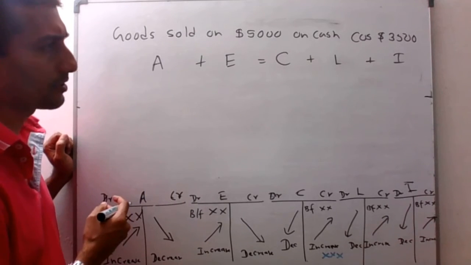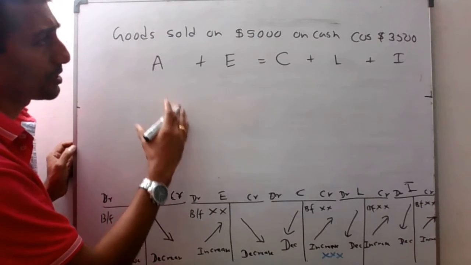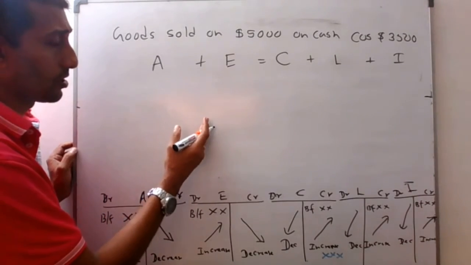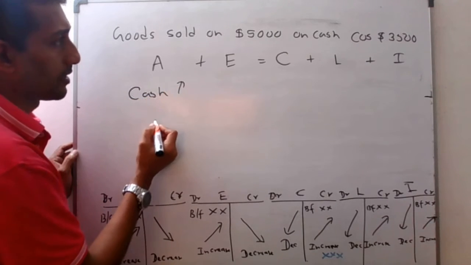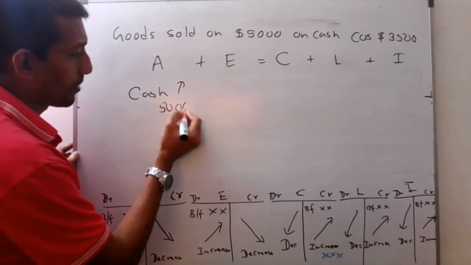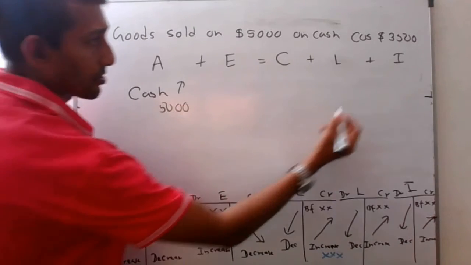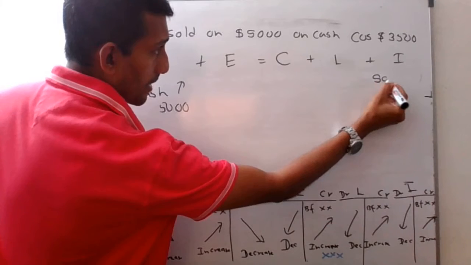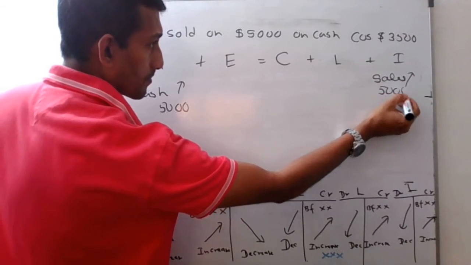How are we going to record this transaction? First of all, we know that when we sold goods, definitely our cash is going to go up, increased by 5,000. At the same time, it's an income for the business, so therefore your sales will go up by 5,000.